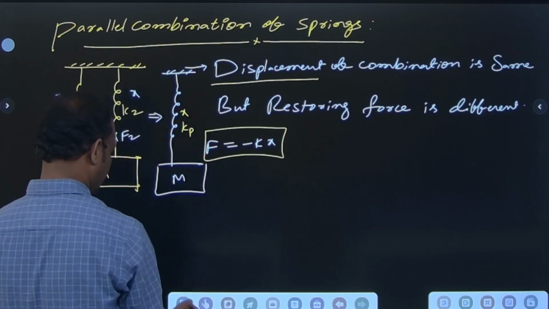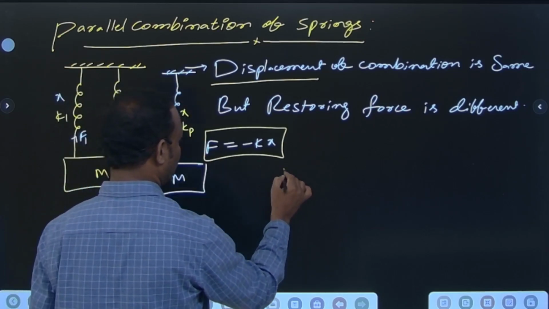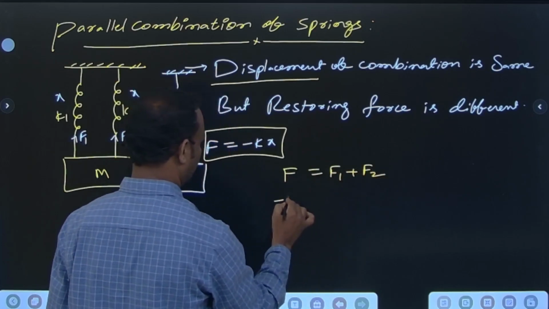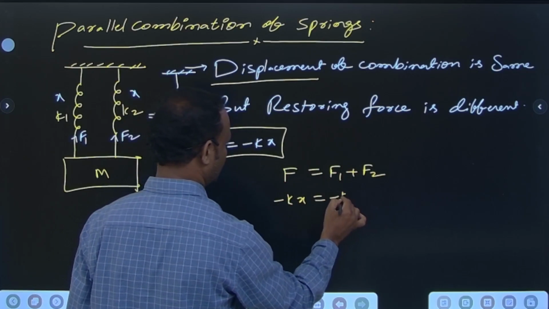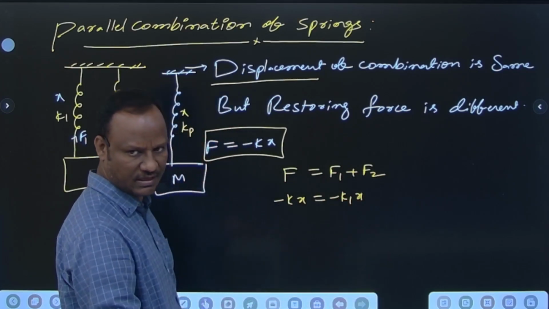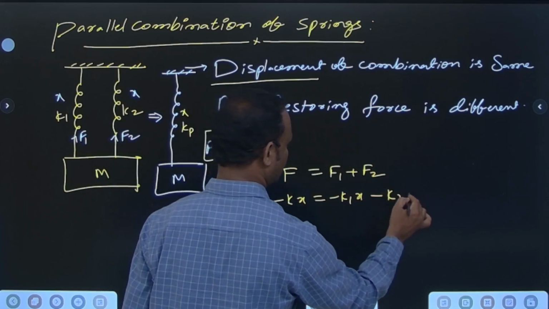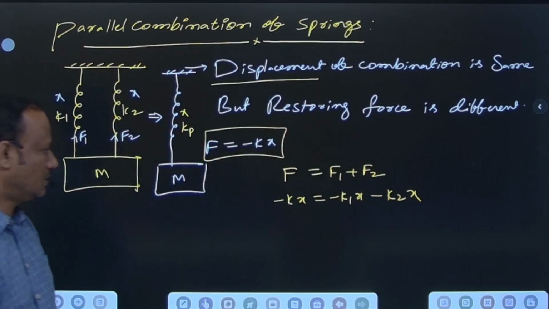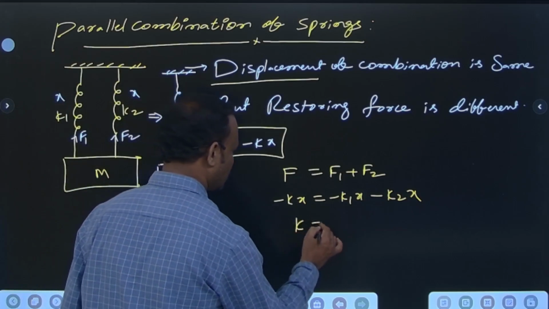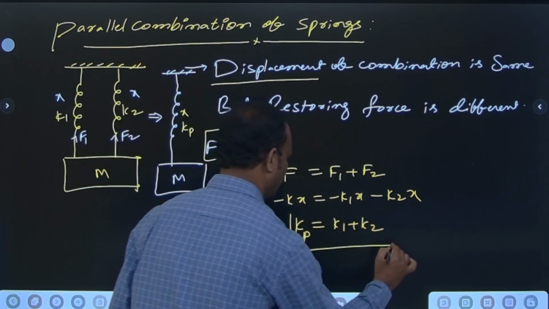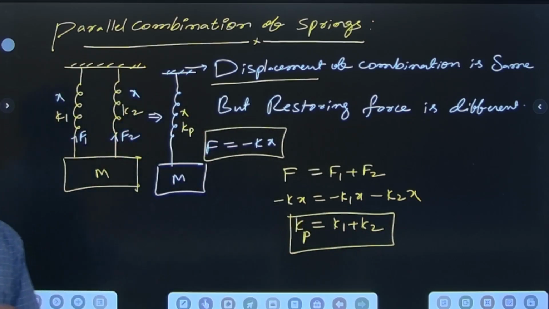F is equal to F1 plus F2, so minus kx is equal to minus k1 x minus k2 x. X is the same, correct? Then K is equal to K1 plus K2. This is the parallel combination of springs.